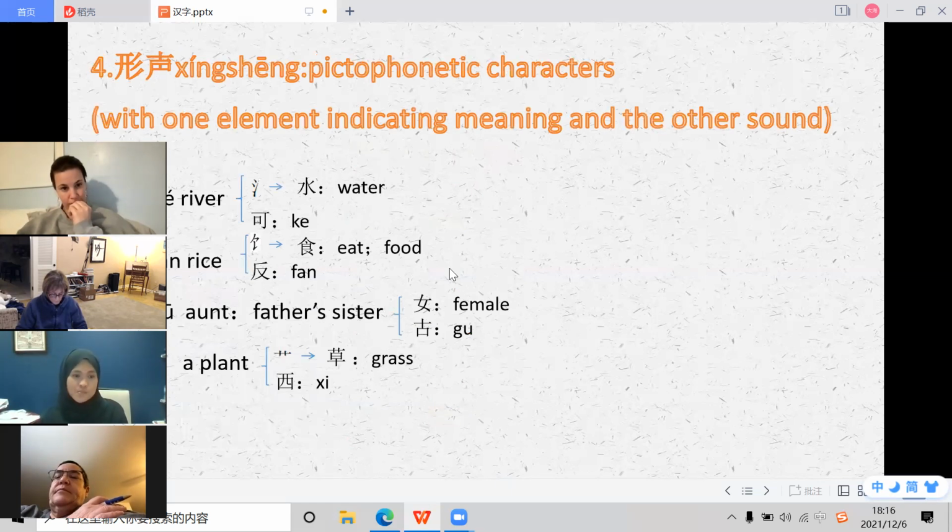So let's go on to the pictophonetic characters.